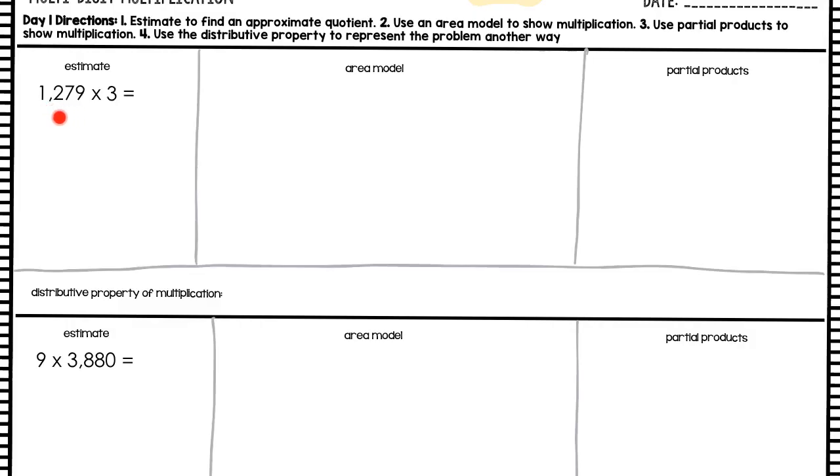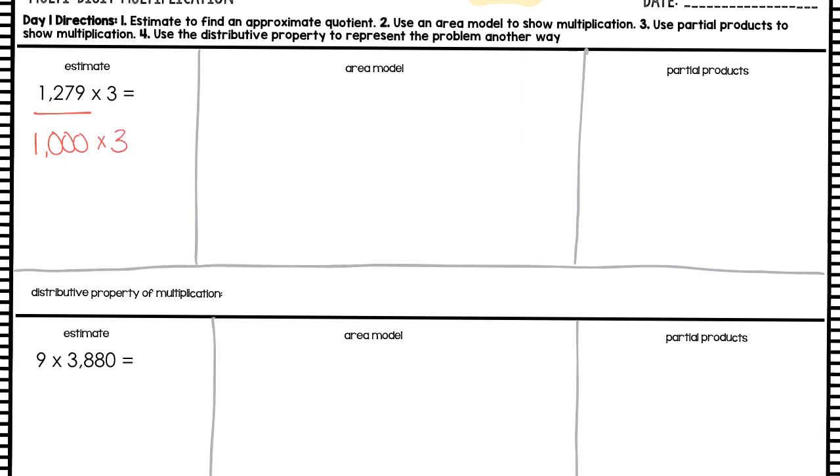Let's begin with our estimate of 1,279 times 3. So what is 1,279 close to? Well, 1,279 is close to 1,000.